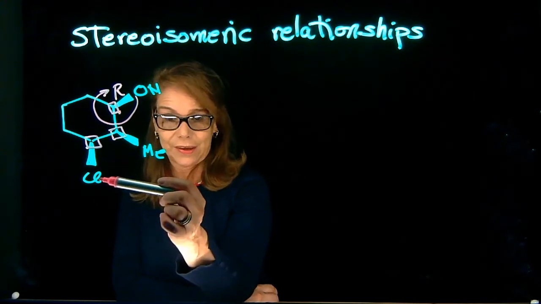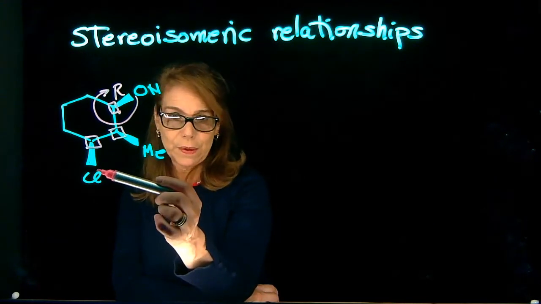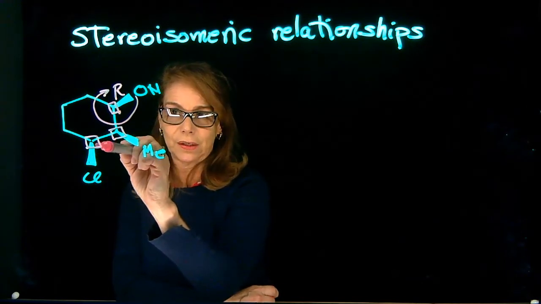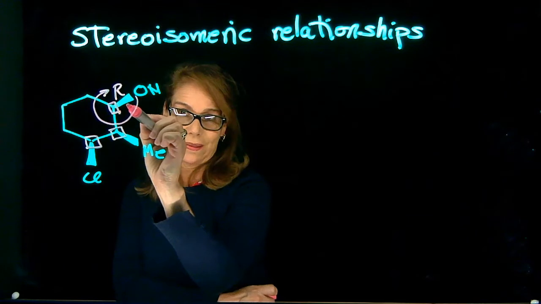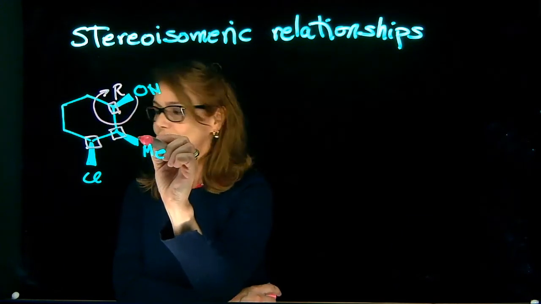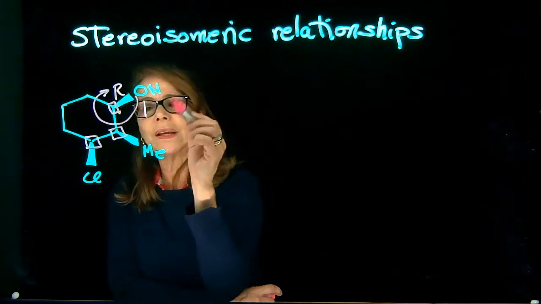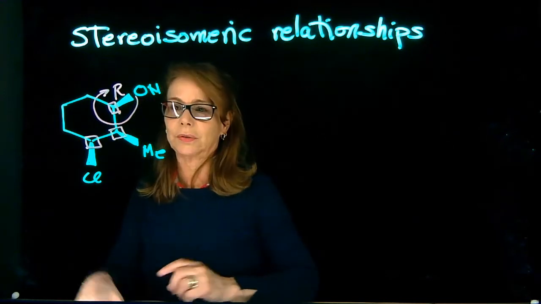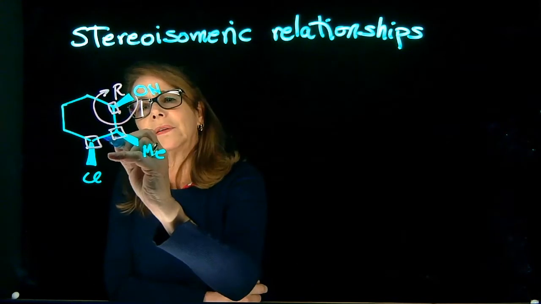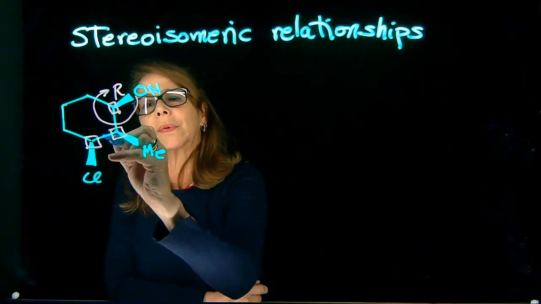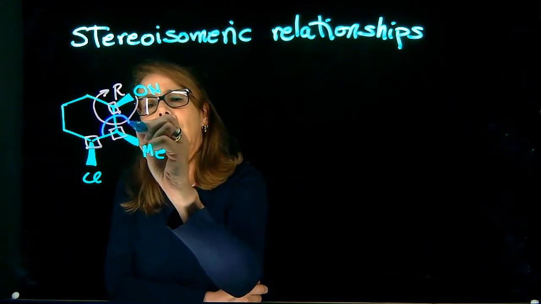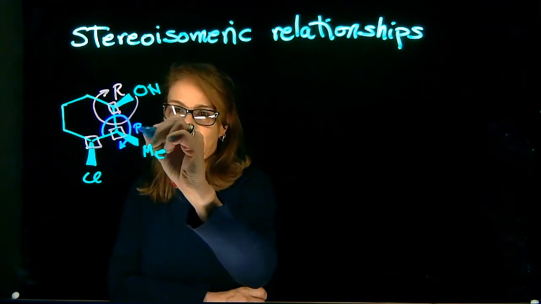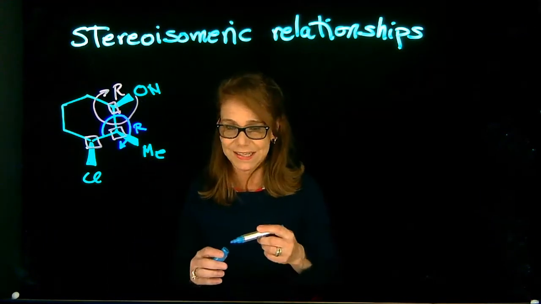Chlorine has a higher atomic number, so that would be my first priority. So priority one is the chlorine, then I need to go up to where the OH is, and then to the methyl. So what we did here is we have rotated, and let's grab another color here. From the chlorine, that was my priority one, priority two, priority three is a methyl. So also the rotation was clockwise, so it is R.